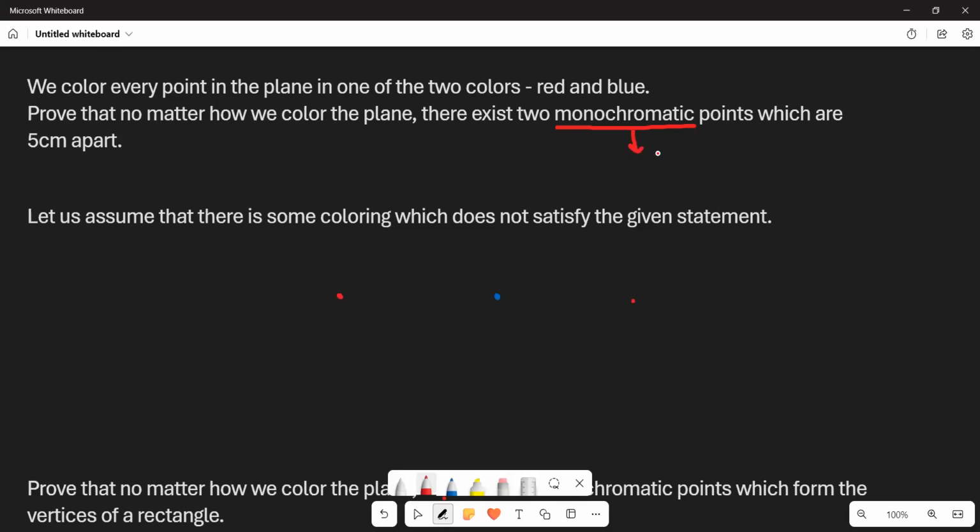So that would be satisfied, because literally every point is red. Okay, so let's say this is red and this is blue. If this point is red, then every single point at a distance of 5 centimeters should be blue. Because if there's some point here and it's red, then we'll be done, right?